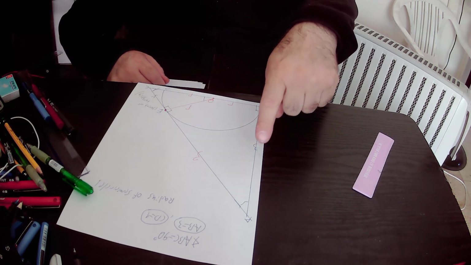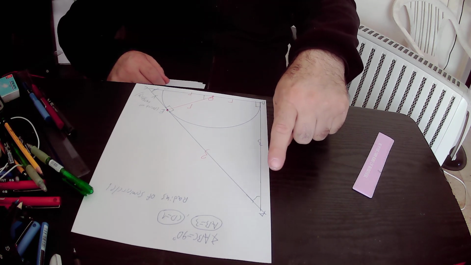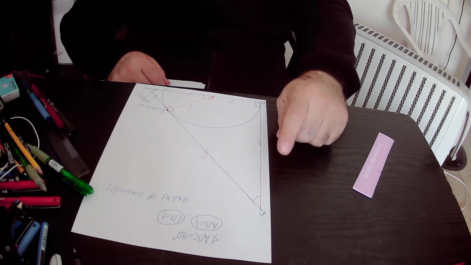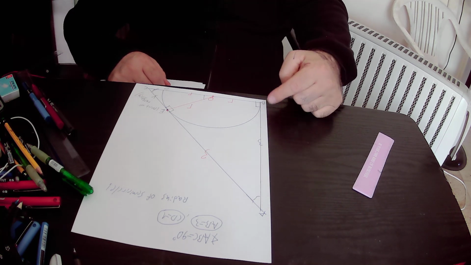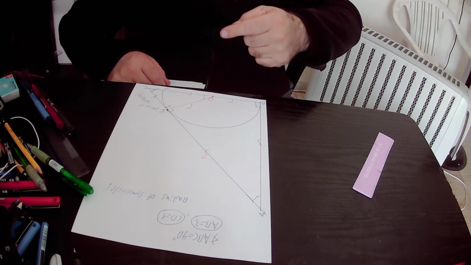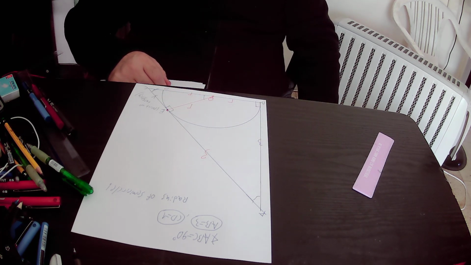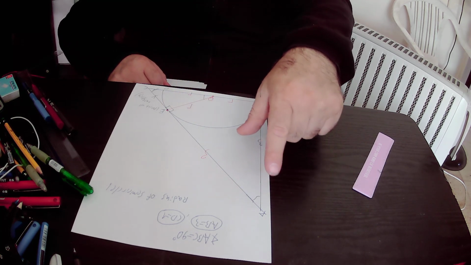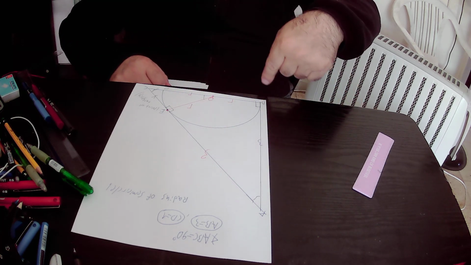Therefore, point A is an external point. It is located outside the semicircle. So from the external point, point A, we have two tangents, tangent AE and tangent AB.